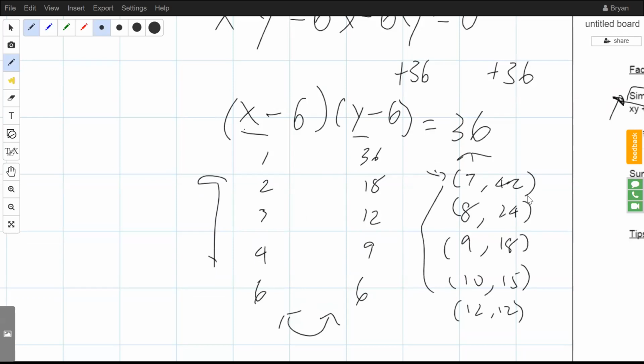So we get 4 more, and they'd specifically be 15, 10; 18, 9; 24, 8; and 42, 7. We can't do anything to this one since they're both the same number. So the answer is actually 9. And you can check to see if they add to 1/6, and like I show you, they do.